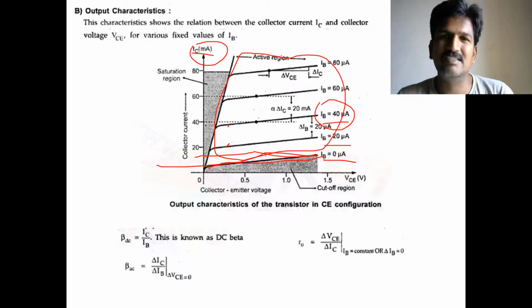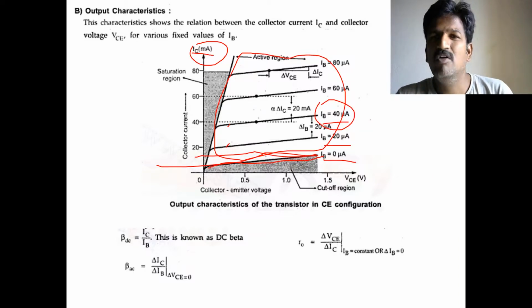Then you should understand this is the active region. In the active region, the diode between the base and emitter becomes forward bias, and at the same time the collector to base diode is in reverse bias. That is called the active region.